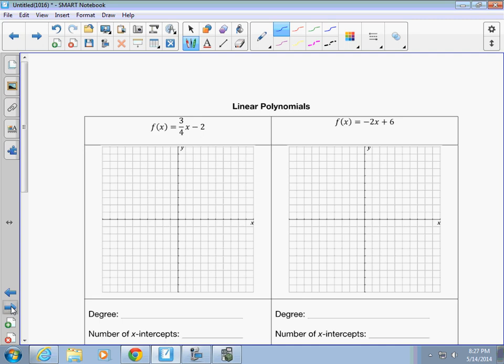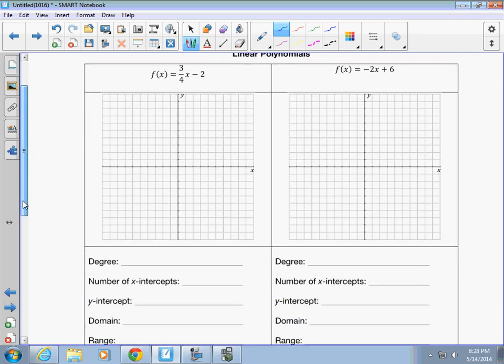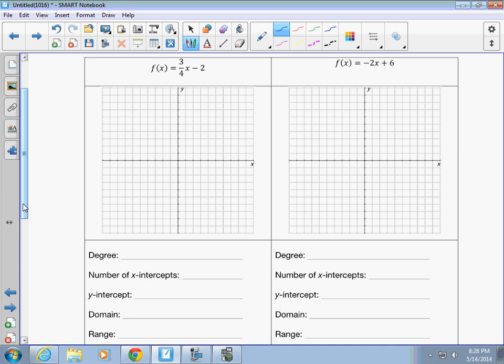So linear polynomials, just taking a look at a couple examples here. If we had f of x is equal to 3/4 x minus 2, if we take a look at this, our degree is 1. Our number of x-intercepts that we would have, because it's linear, it's only going to be 1.